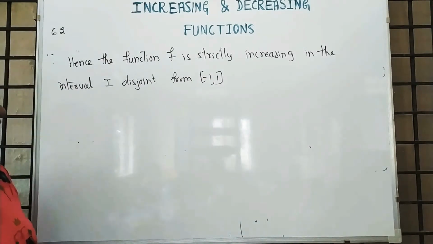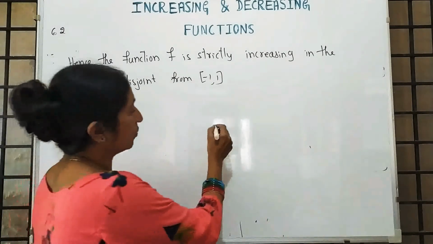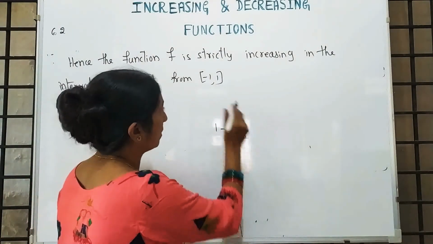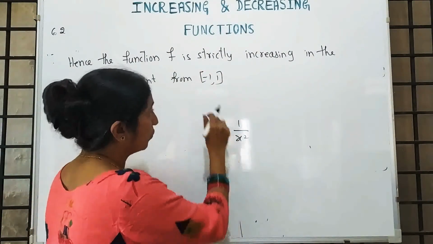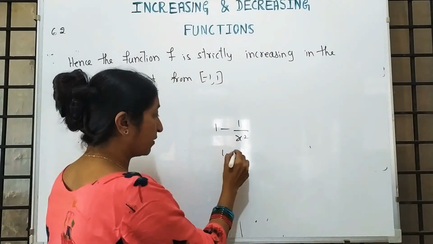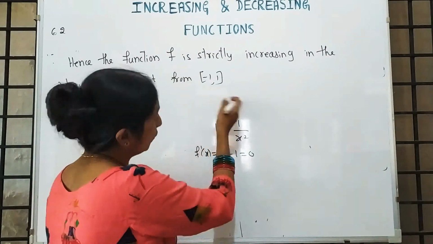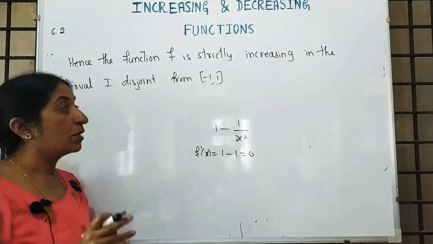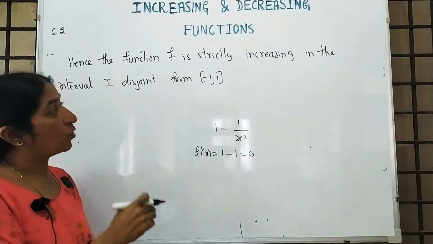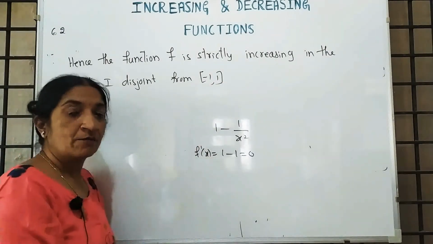That means other than those values. Why minus 1 to plus 1? If you take here the first derivative 1 minus 1 by x square, if you take these end values also, minus 1 square is plus 1, 1 minus 1 is 0. That means you are getting first derivative as 0. If you write plus 1 also, you will get the answer 0. That means it is increasing throughout other than minus 1 and plus 1.